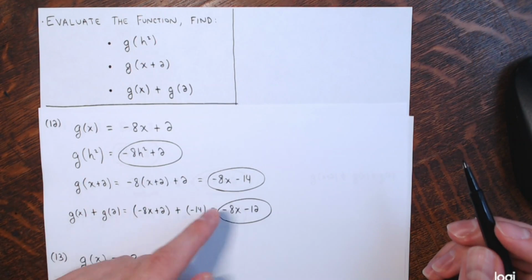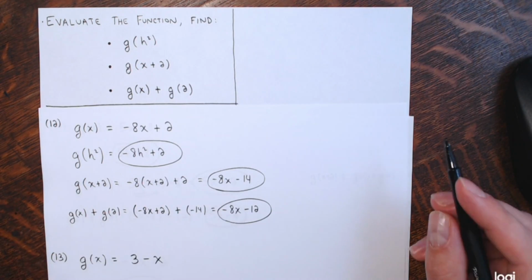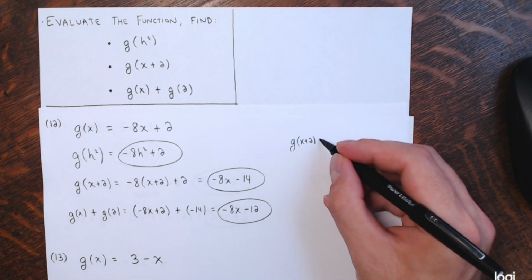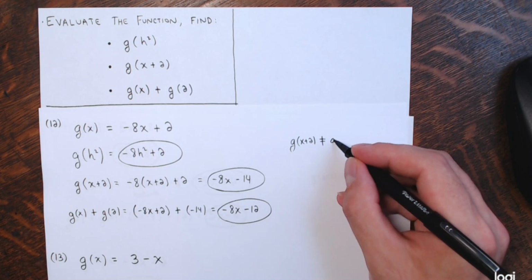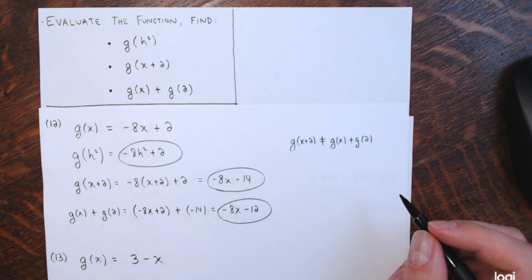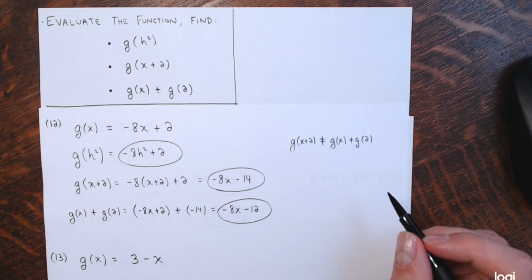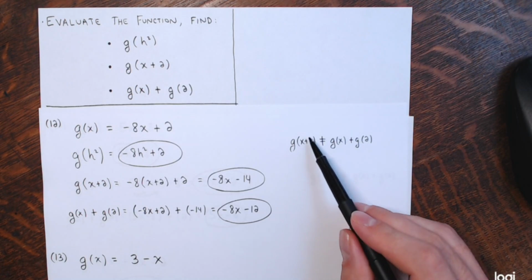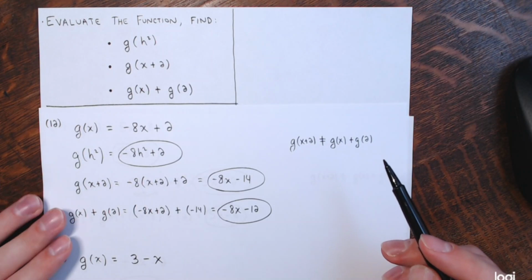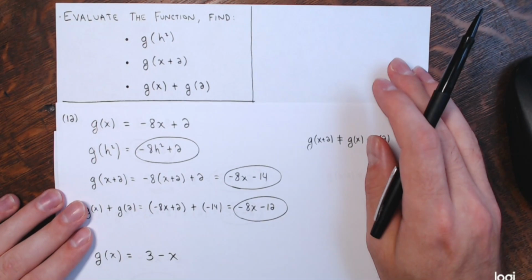So notice it's a little off, right? Again, these are not the same. The value of g at x plus 2 is not the same as the value of g at x plus the value of g at 2. Once again, reinforcing that you cannot just distribute the name of a function. You won't get the same expression all the time.